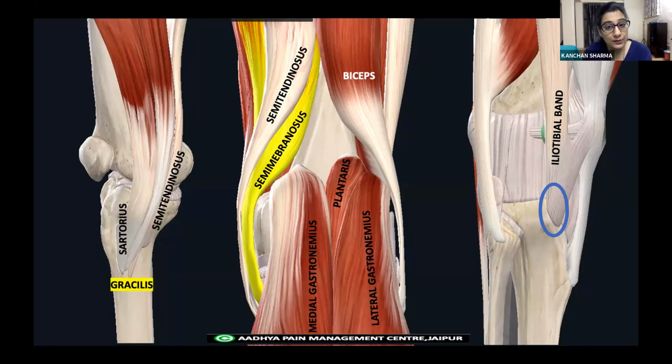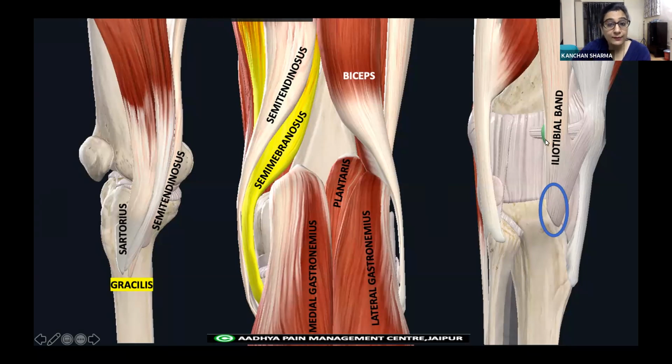And what is the iliotibial band? That is a condensation of the deep fascia of your leg. You have a bursa lying beneath that; unless it is enlarged, you will not be able to see it. So for this tendon, where it is getting attached, if you are able to see tendinopathy features there, we call it distal iliotibial band tendinopathy.